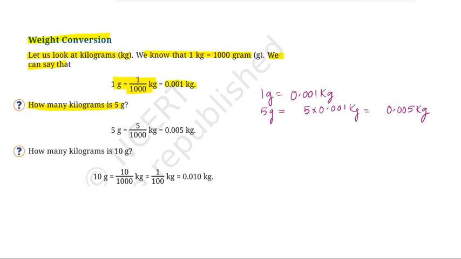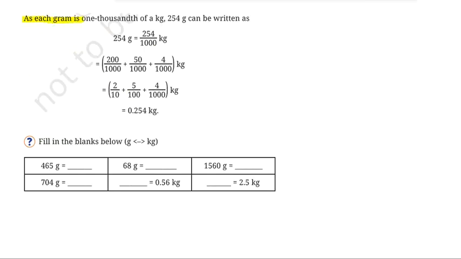Then the next question is, how many kilograms are there in 10 grams? Again the same way, for 10 grams, we multiply 10 times 0.001 kg, which will be 0.010 kg.